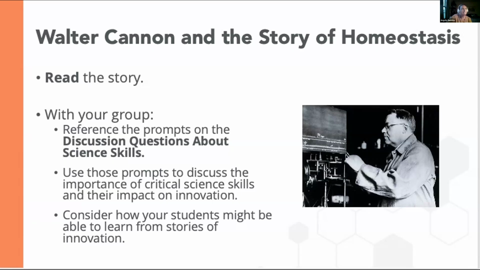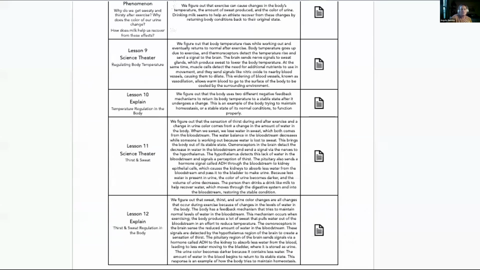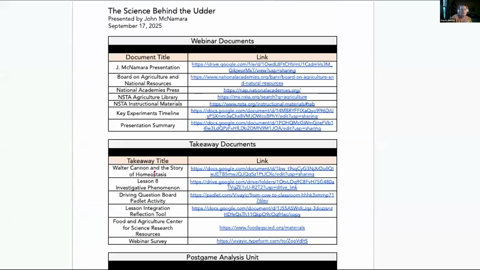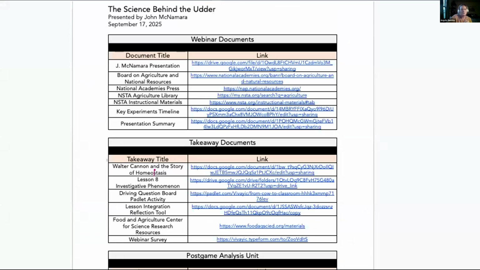On that handout, there is a story about his work. And the second page of that document has some discussion prompts that you can use that are related to some of the critical thinking skills. So, it's that first one right there, and it will have those prompts on that second page. What we're going to have you do in the breakout room is just use a couple of those prompts.